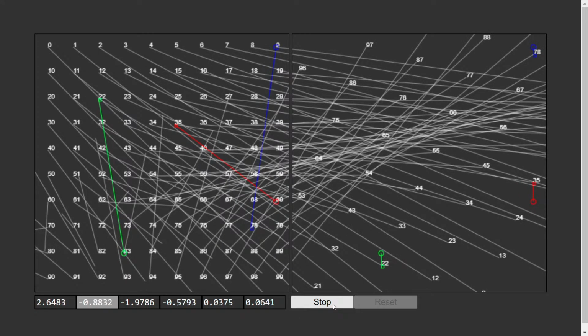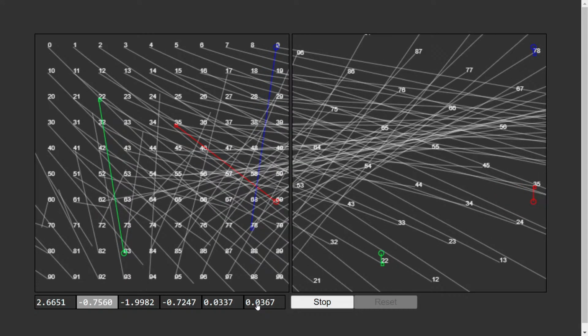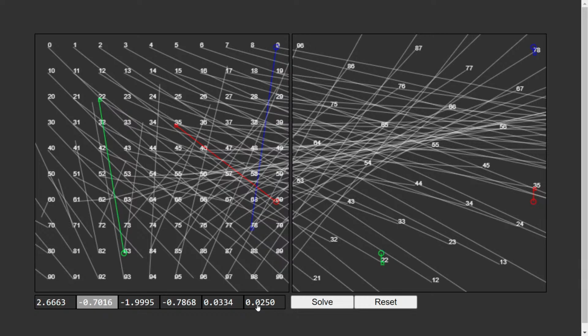The biases don't really move. This guy goes up really high. This guy goes down, down. So they're all down, and this guy's up.